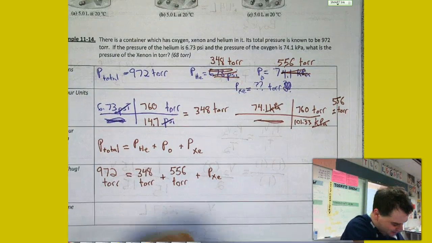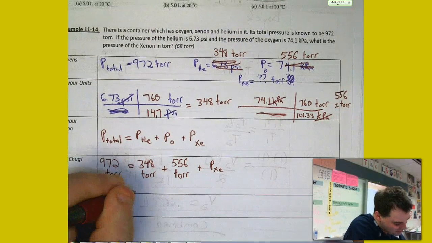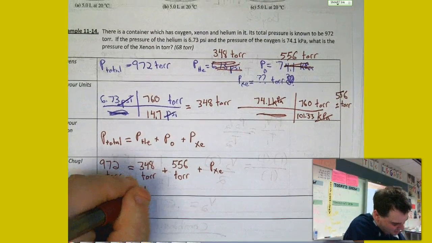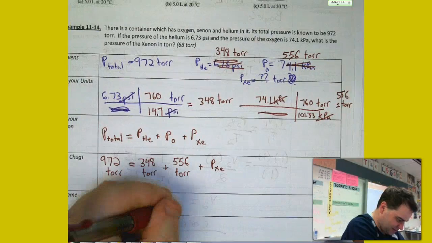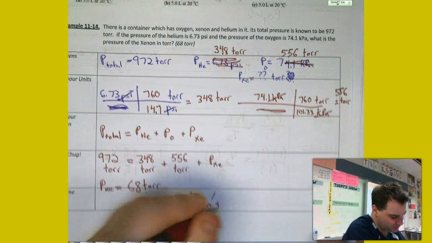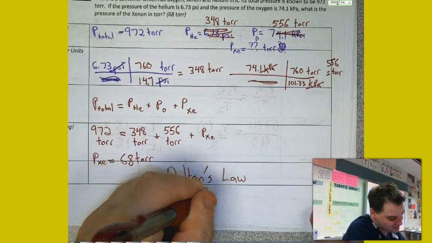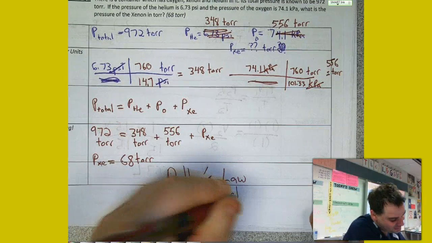And we get the pressure of xenon to be 68 torr, which is Dalton's law of partial pressures. Dun, dun, dun.